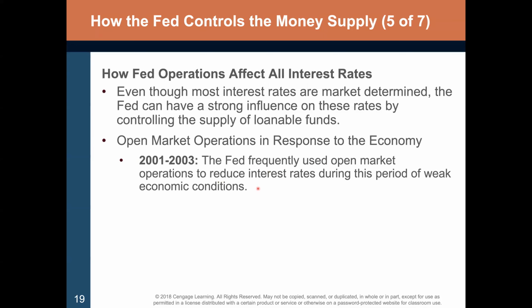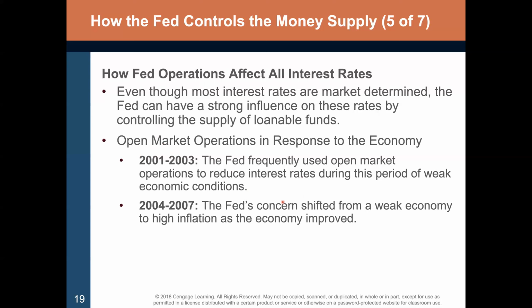There was a lot of irrational exuberance, and then everybody realized that companies that were consistently making losses and never showing profits maybe were not worth as much as the market had originally thought. So we saw this dot-com bubble burst and a crash, and so the Fed used open market operations to reduce interest rates during that period.